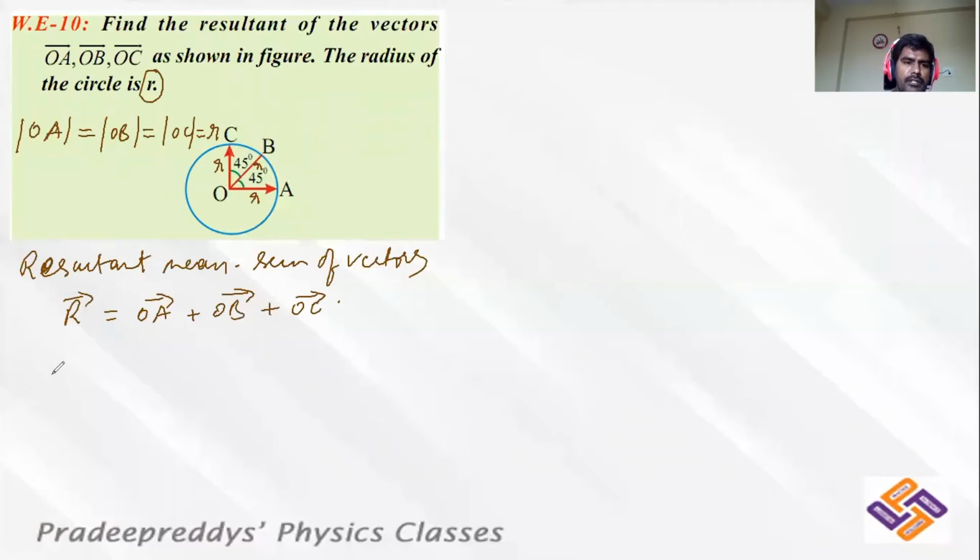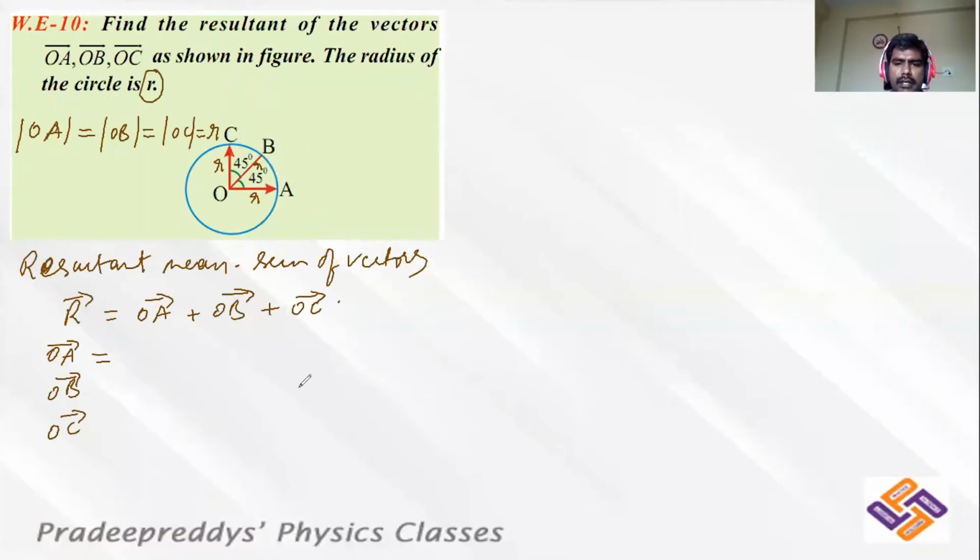First, let me write down what is OA and what is OB and what is OC. OA, see here from the figure, OA is along the x-axis. How much length? It is R, and the x-axis is represented with i cap. The unit vector along the x-axis is i cap.